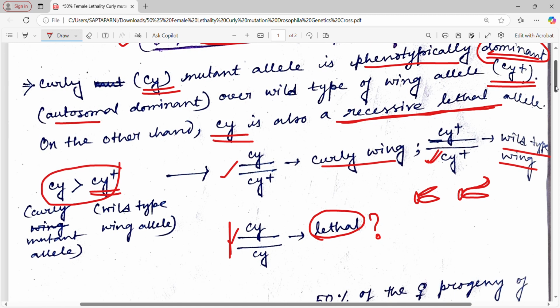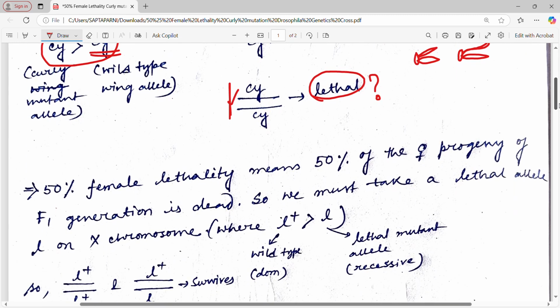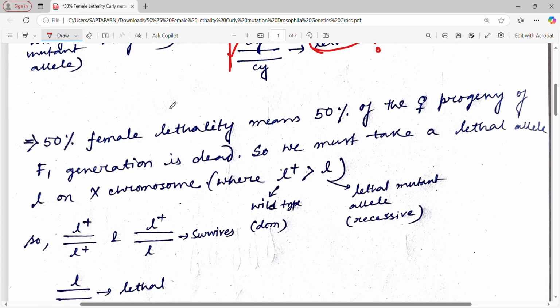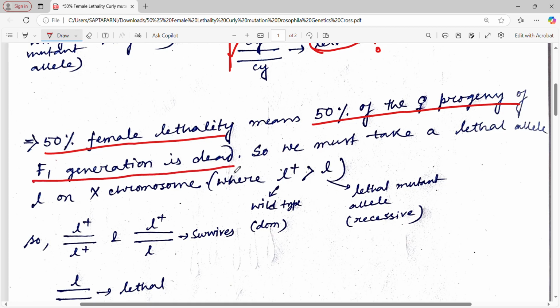Now what is 50% female lethality? See, 50% female lethality means 50% of the female progeny of the F1 generation is dead here. So to kill the 50% female in the F1 generation, we have to take a lethal allele known as L on the X chromosome.